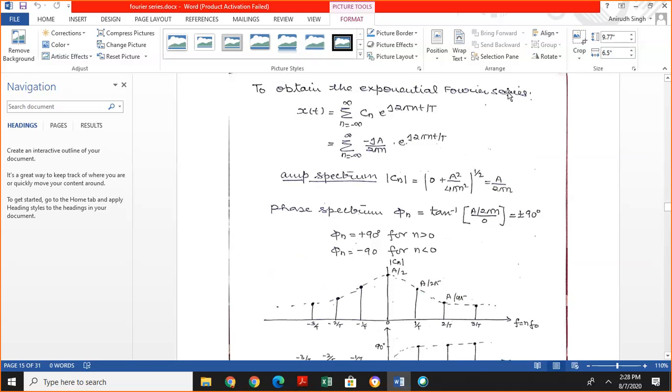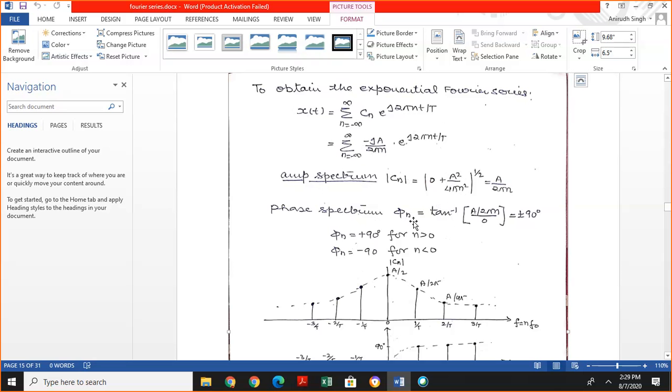And to obtain the exponential Fourier series, x of t is given by this formula, and we substitute the value of Cn. Amplitude spectrum is given by simply taking the mod of Cn, and mod of Cn is equal to under root of square of real part plus square of imaginary part, which is given by A by 2 pi n.